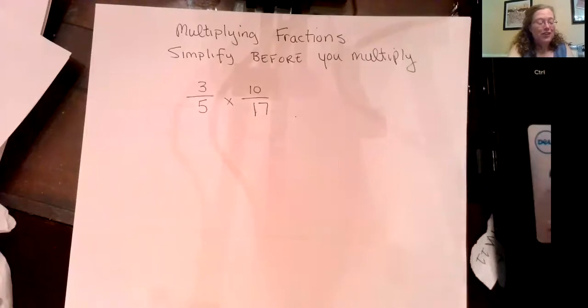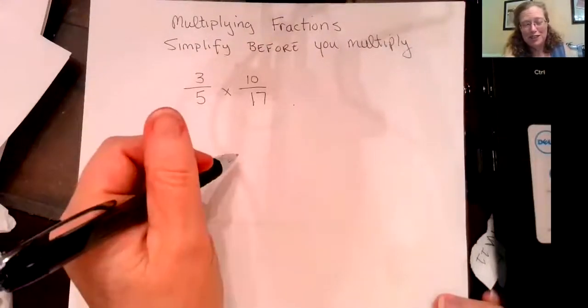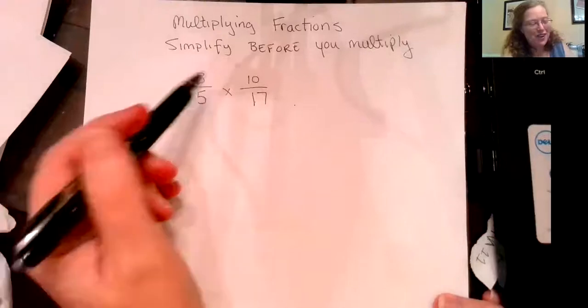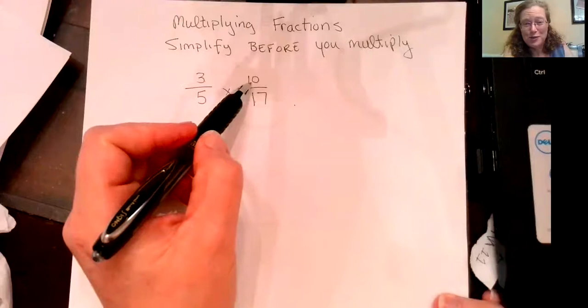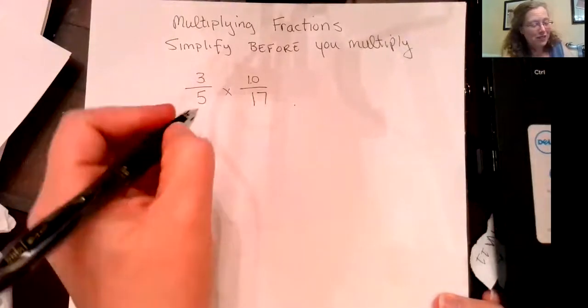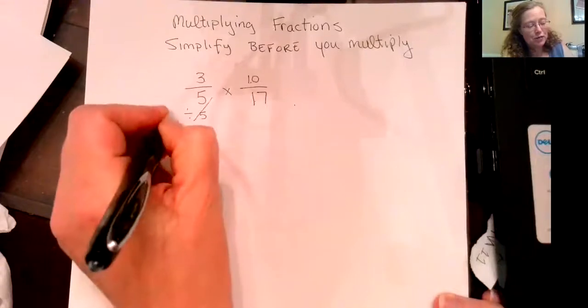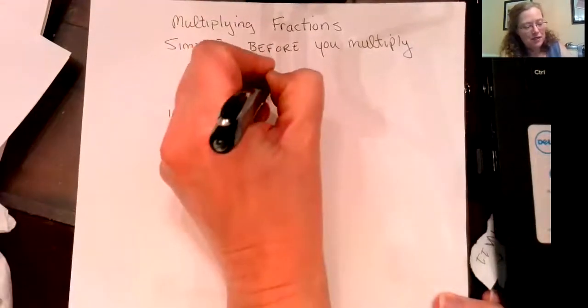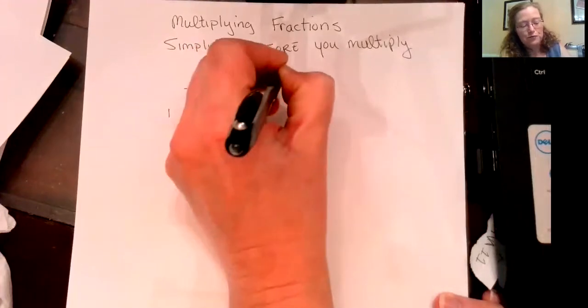I recommend knowing your prime numbers if you decide that you want to get faster with fractions, but it's certainly not necessary. The 5 and 10, hopefully you recognize that those can both be divided evenly by 5. And when that happens, the 5 simplifies to a 1, and the 10 simplifies to a 2.